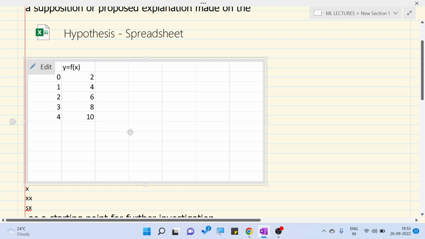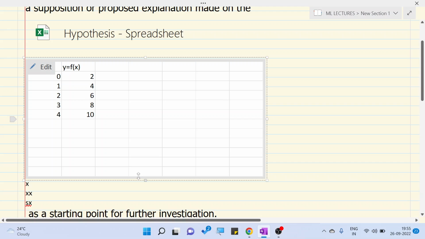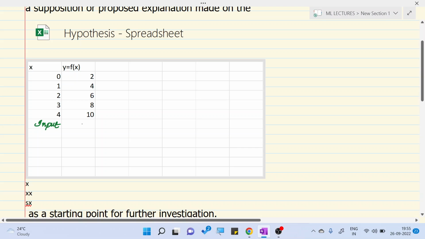So now my point is how we got y from the x. We want some explanation for that. See carefully, we are given the input values here and we got output values, and the concept is y is f of x, where x is the input and y is the output.